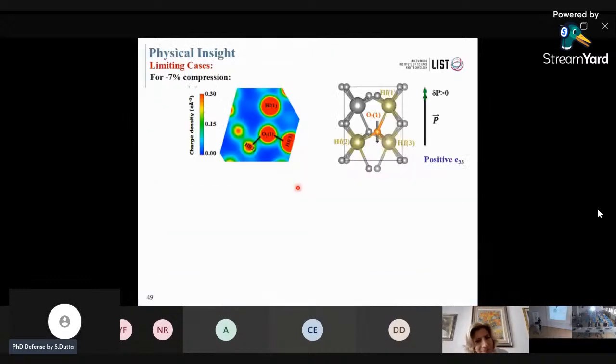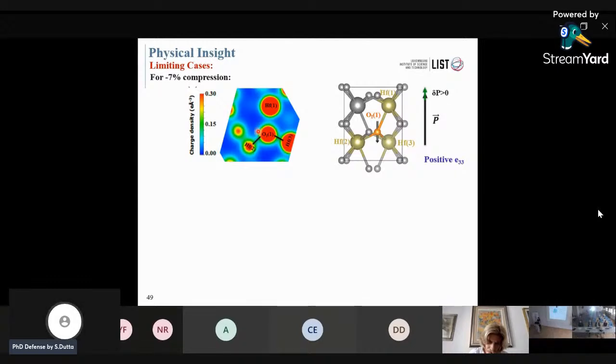So let me explain the sign behind each e33. For that, let me focus on the limiting cases. So for the 7% compression, where you have the most positive e33, let's see what happens. Once you compress in plane, you are increasing the out-of-plane bond length, right? So now this oxygen atom is more strained with these two oxygen atoms.